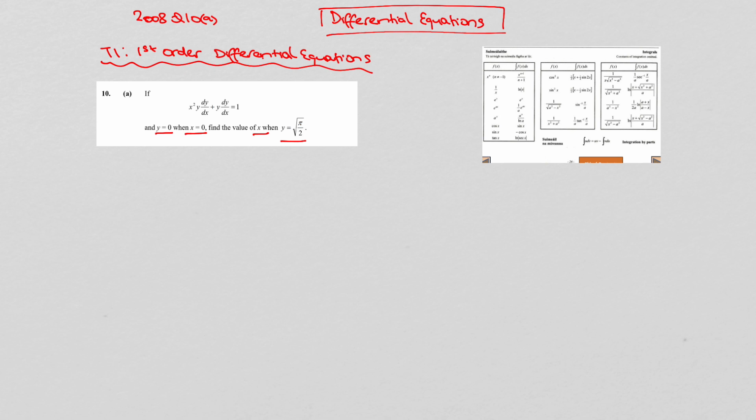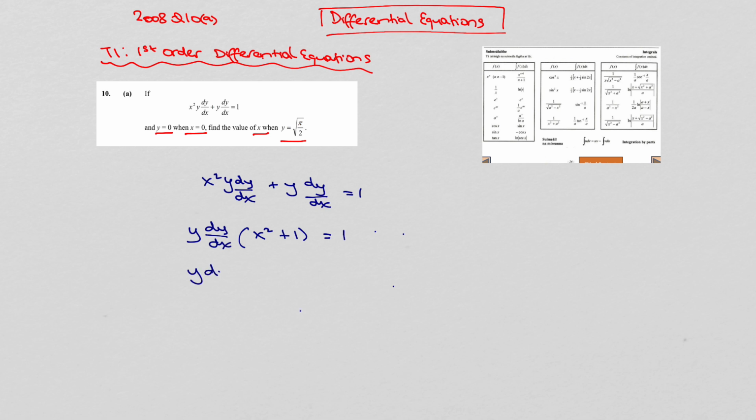So we're going to start by getting our dy on the left and our dx on the right. So we're separating out our equation. We're going to take out dy/dx as being common. And we can also take out y as being common, which leaves us with x squared plus 1 is equal to 1.